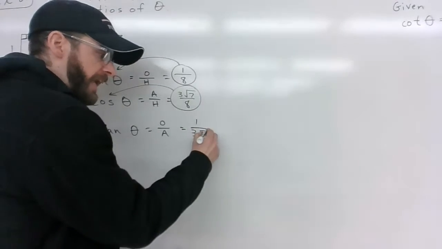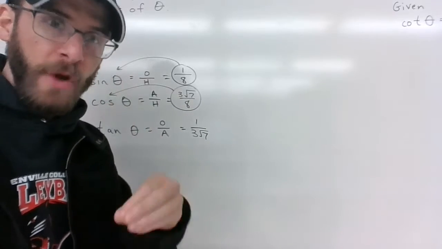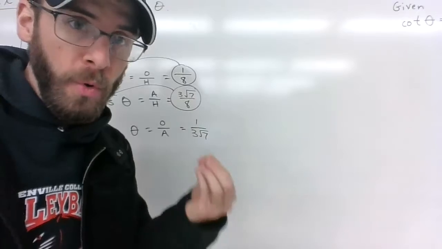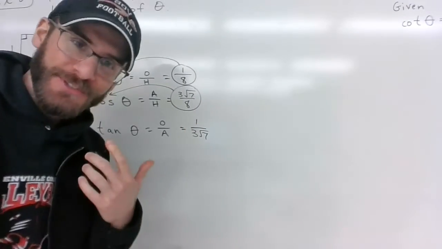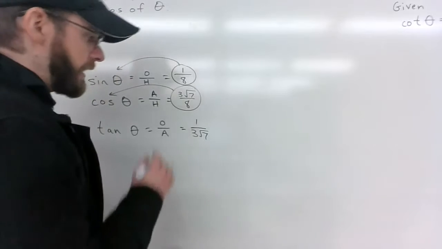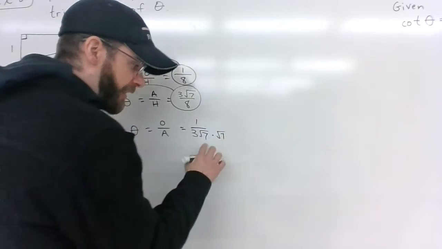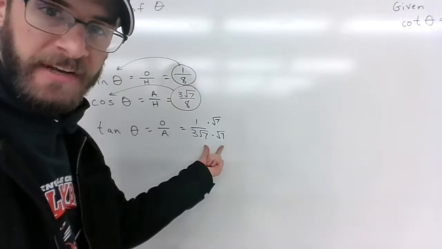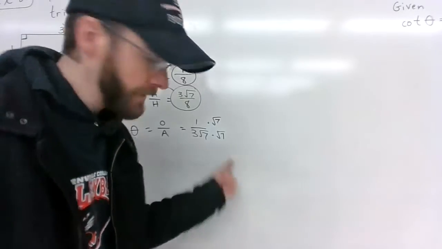Now here's where we have to stop and say, isn't there something where we have to rationalize the denominator, make it so that the denominator is a whole integer, not a root? And yes, there's a strategy for that. If we multiply the top and bottom of this fraction by the root that we see, namely root 7 in this case, root 7 times root 7 is 7.